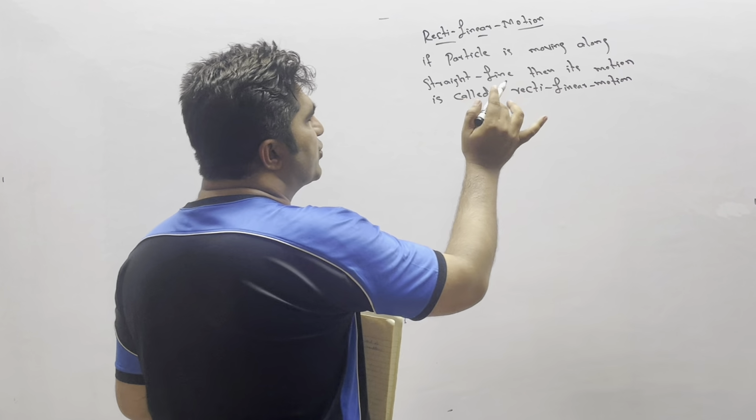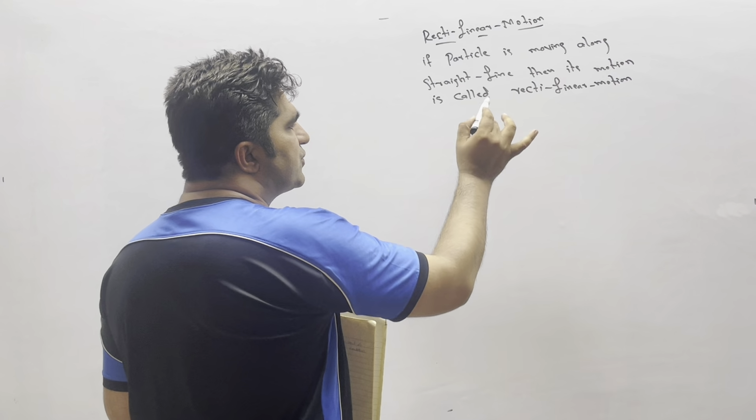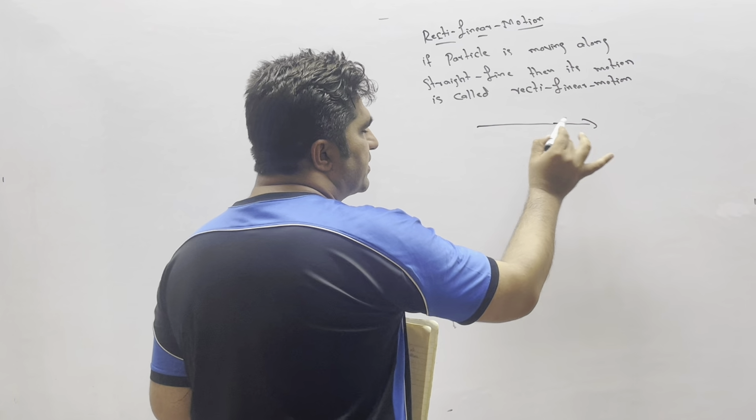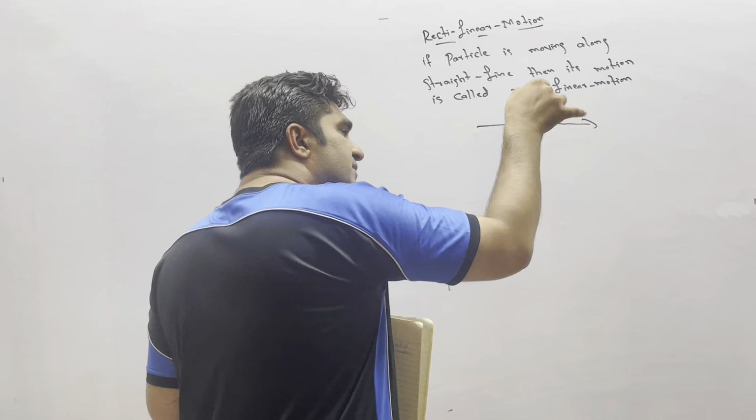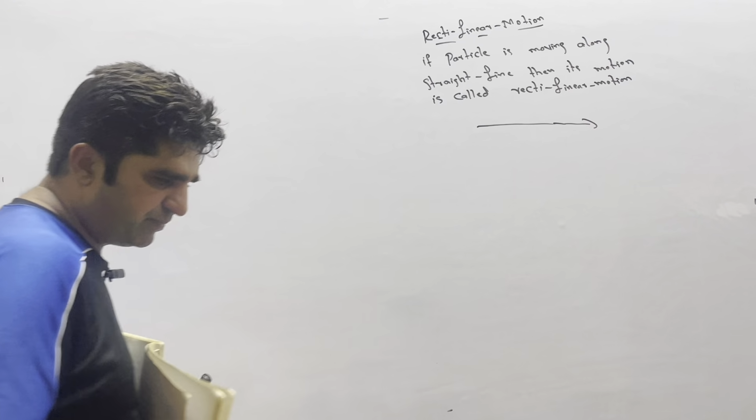So I hope you understand that if a particle is moving along the straight line, then this motion is called rectilinear motion. Okay.